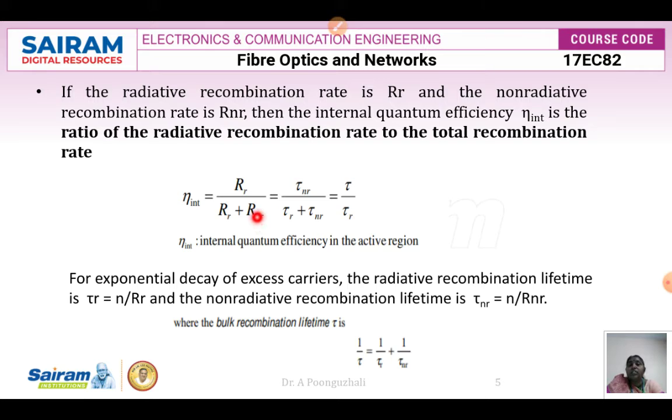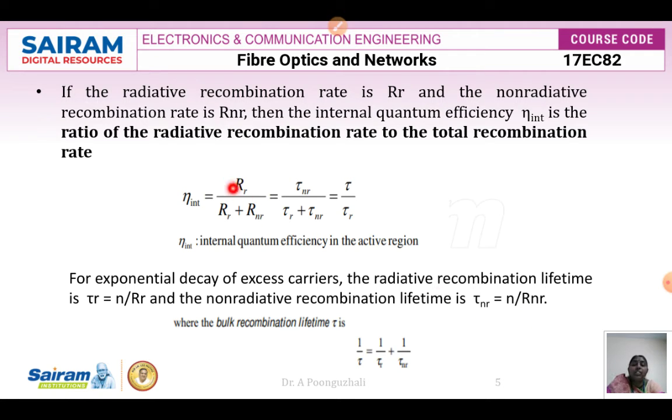So here we can write this expression for exponential decay of the excess carriers. The radiative recombination lifetime can be written as tau_R equal to N by R_R, and the non-radiative recombination lifetime can be written as tau_NR equal to N by R_NR.